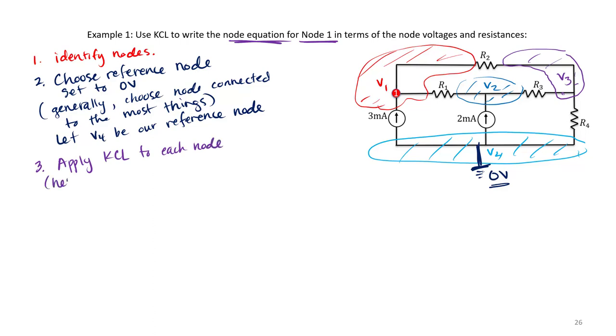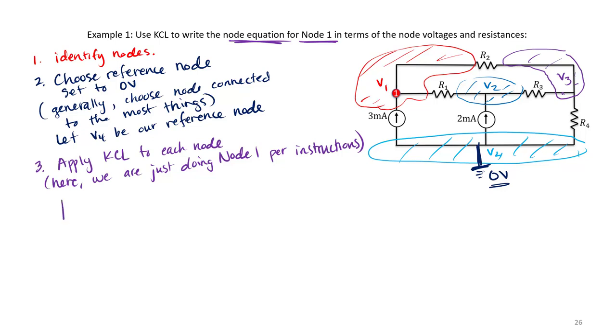So here we are just doing node 1, per the instructions. But of course, if you needed to repeat for other nodes, you would also do a similar process for the rest.